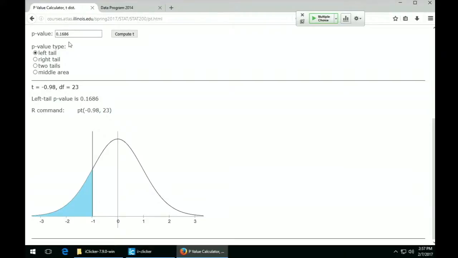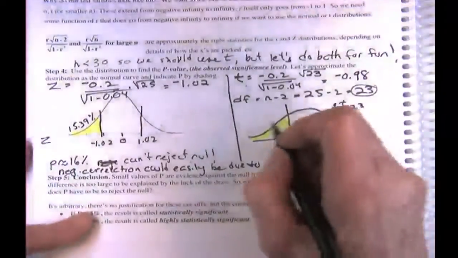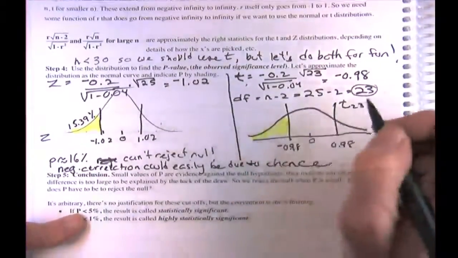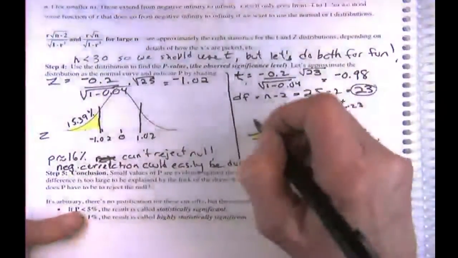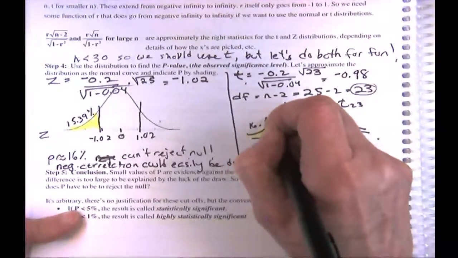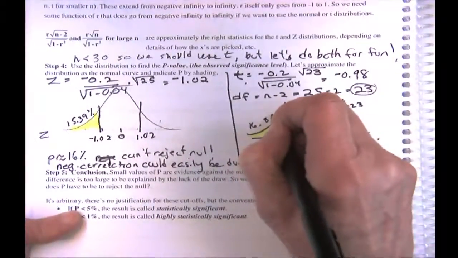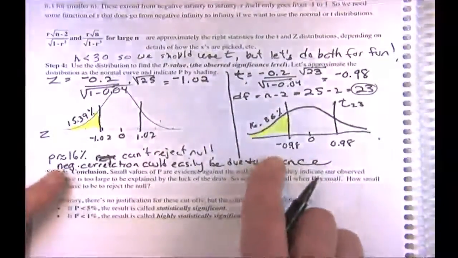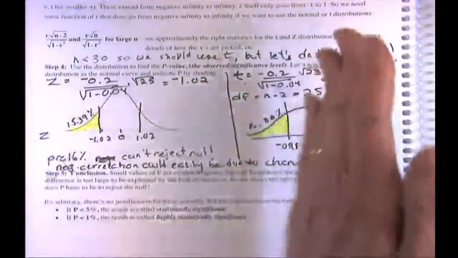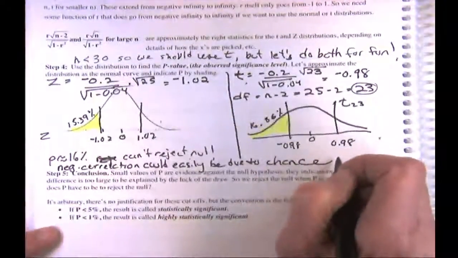So let's go back to our document camera, and we'll put it right here. So this right here is 16.86%. So that's this, and here, this is the one we should be using, and that's our p-value.